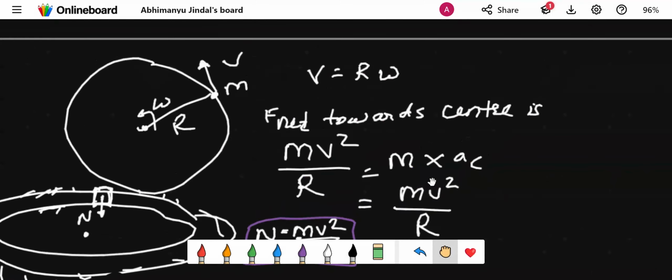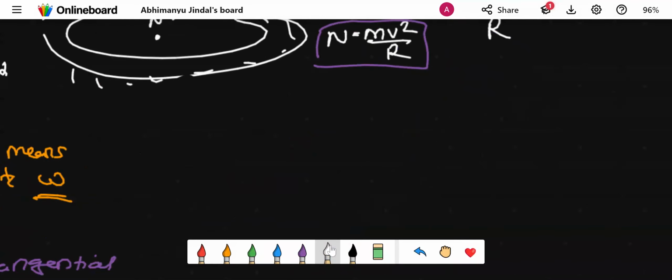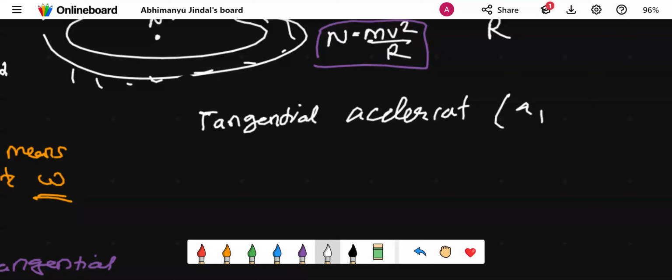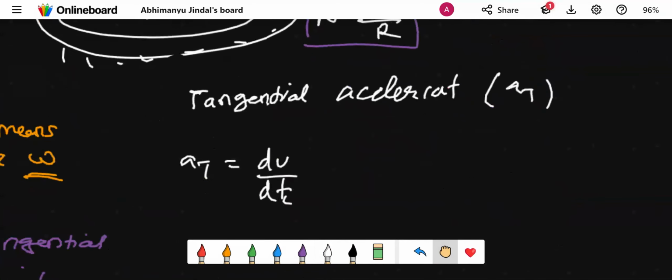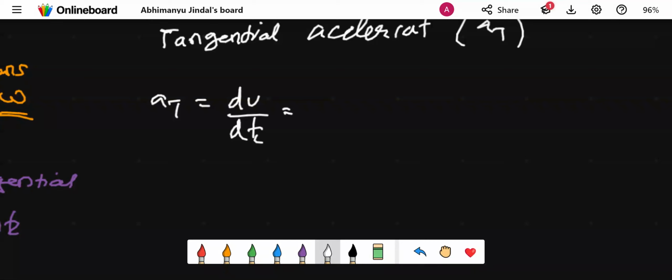Now let's move on to another type of acceleration, which is tangential acceleration, represented by a_T. Acceleration tangential is dv by dt. Now v was tangential to the point. Dv by dt is acceleration tangential, not very important.